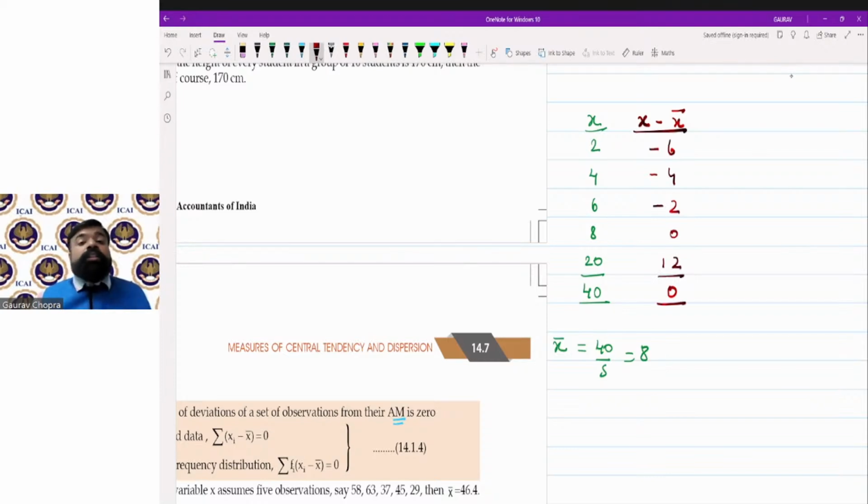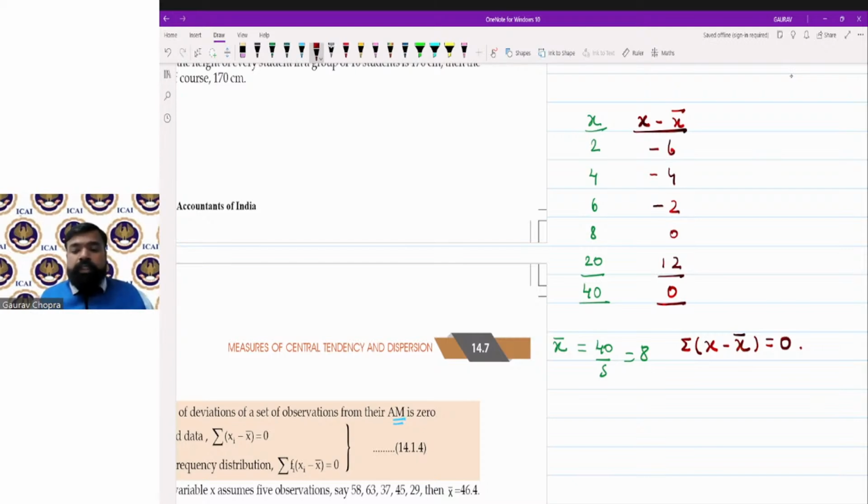So what is the total? The total is 0. This shows that summation of x minus x bar is always equal to 0. Whenever deviations are taken from arithmetic mean, the total is equal to 0.